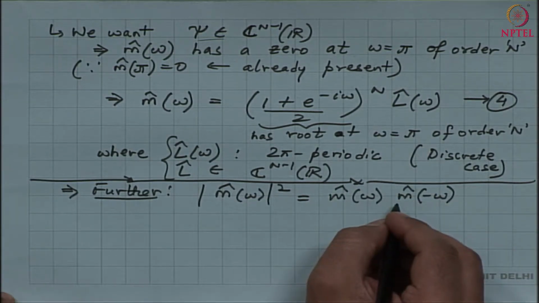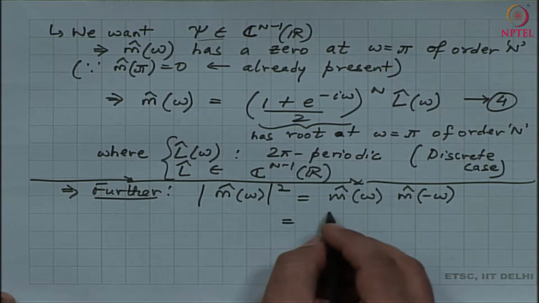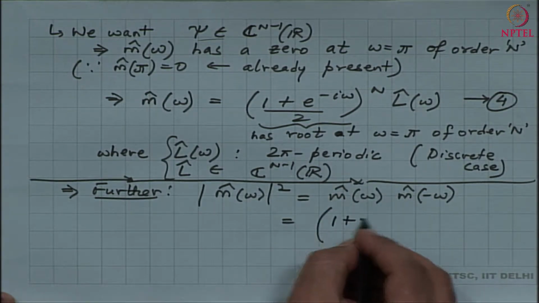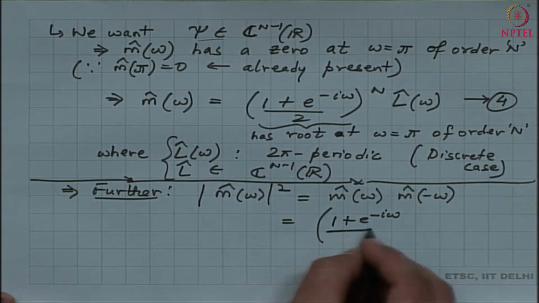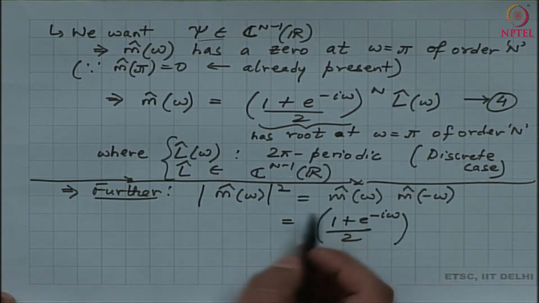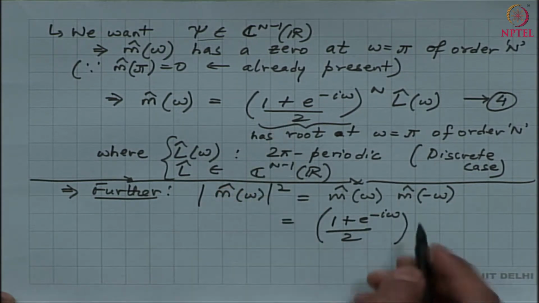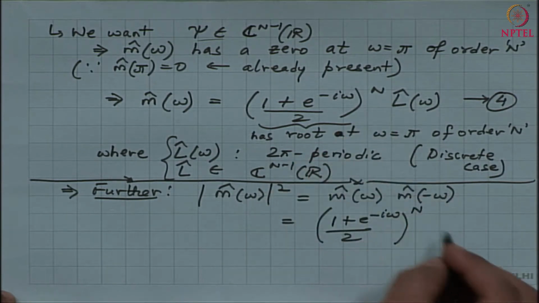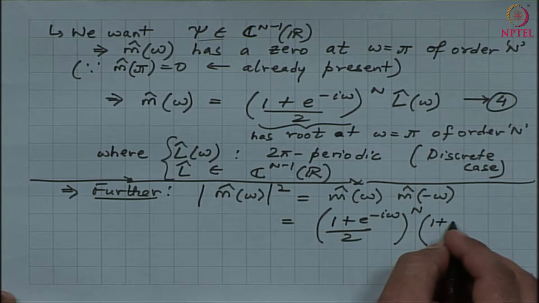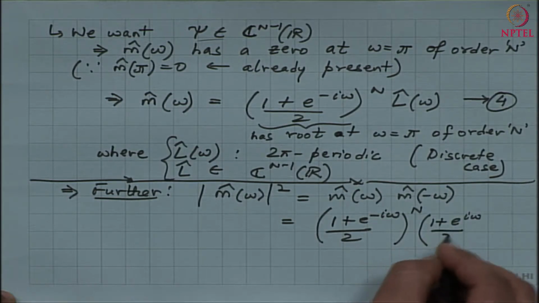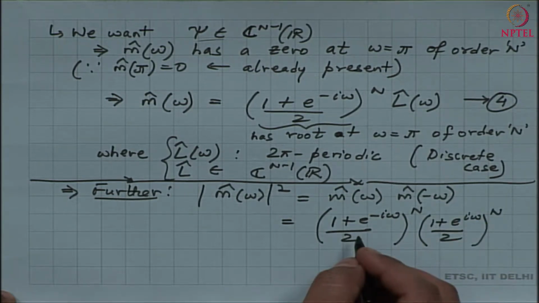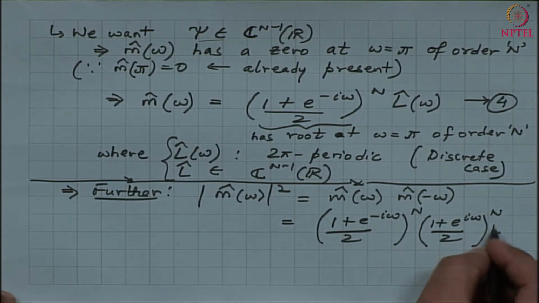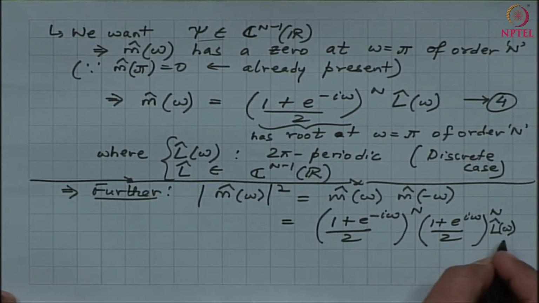Notice that this is also equal to 1 plus e to the power negative i omega by 2, by the definition of m hat omega, to the power n, times 1 plus e to the power i omega by 2 to the power n, times L hat omega times L hat minus omega.